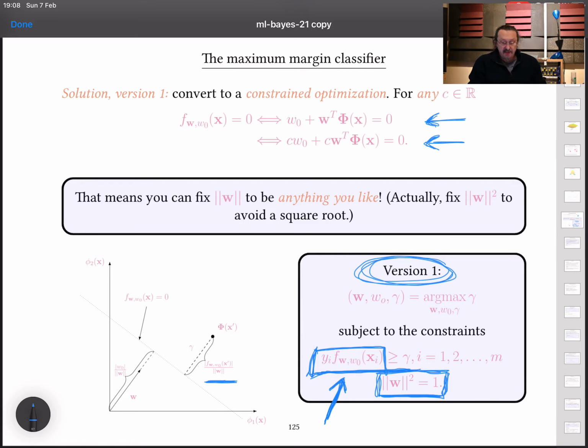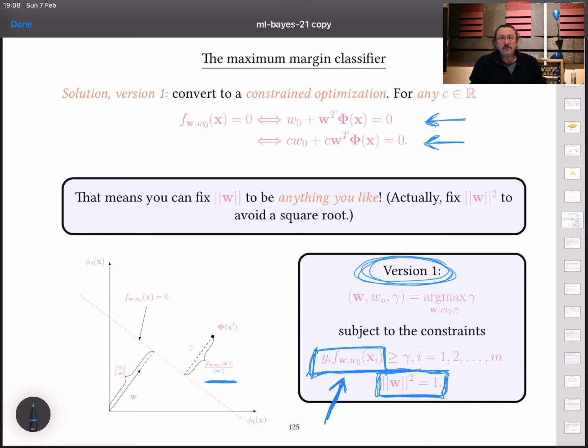So what we're saying is, make that distance as big as you possibly can under this constraint, because that corresponds precisely to how far away the closest training example will be from the decision boundary while keeping them on the correct side.